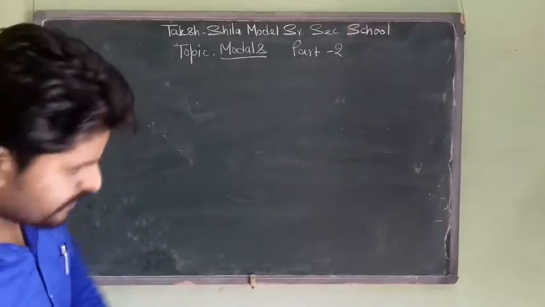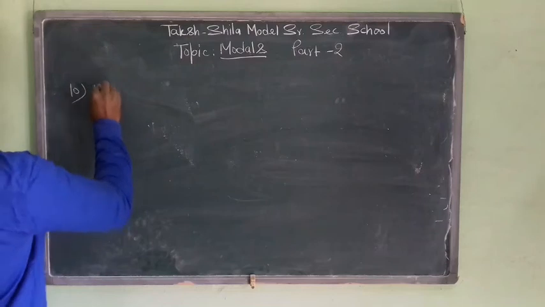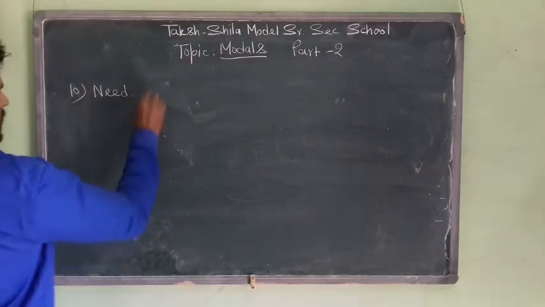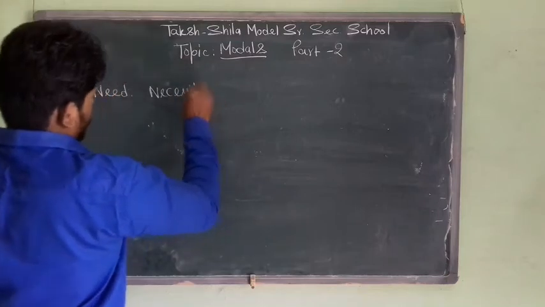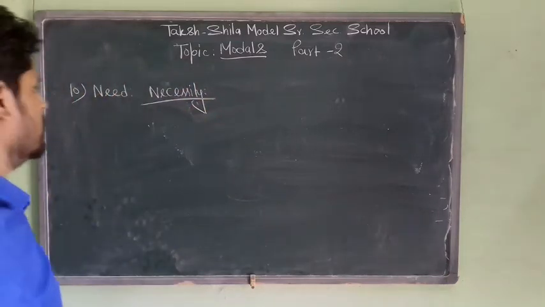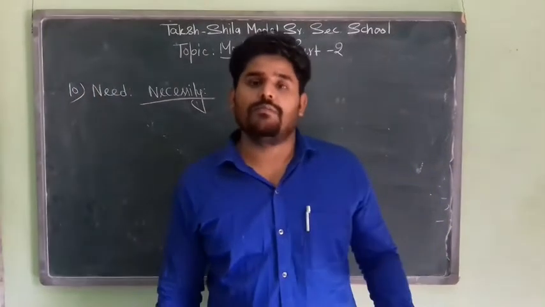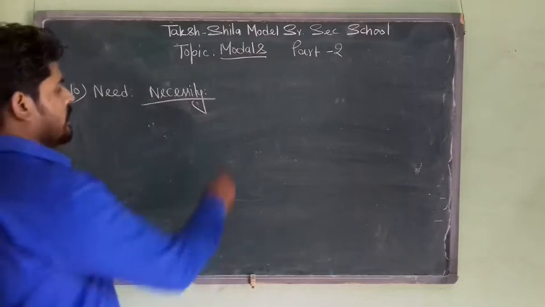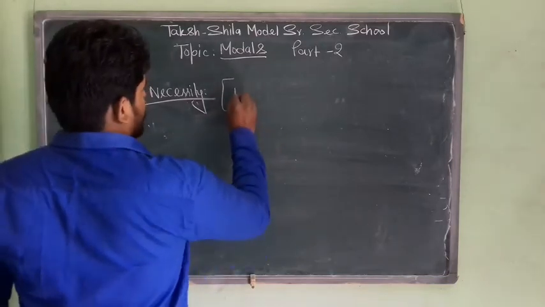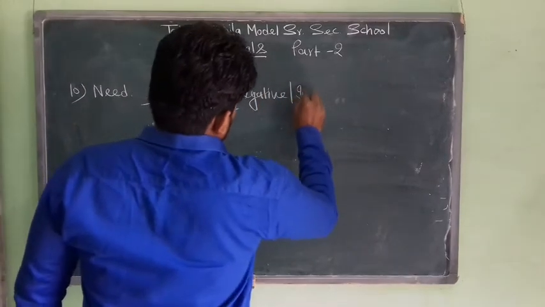Use number 10. In use number 10 we discuss need. Need shows what? Students, need shows necessity. Necessity means need of something, right? And let me tell you, the use of need is especially done in negative sentence and interrogative sentence.